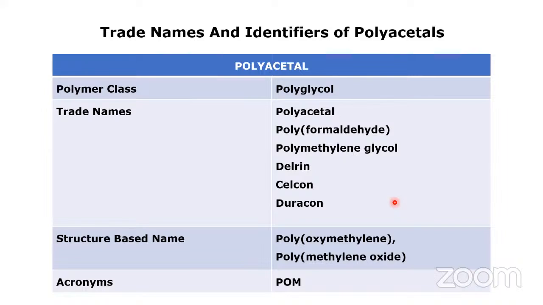Some other monomer is introduced there to enhance its mechanical or thermal properties. Only polyethylene has that ethylene repeating unit structure, but the other grades of polyethylene have a copolymeric structure.